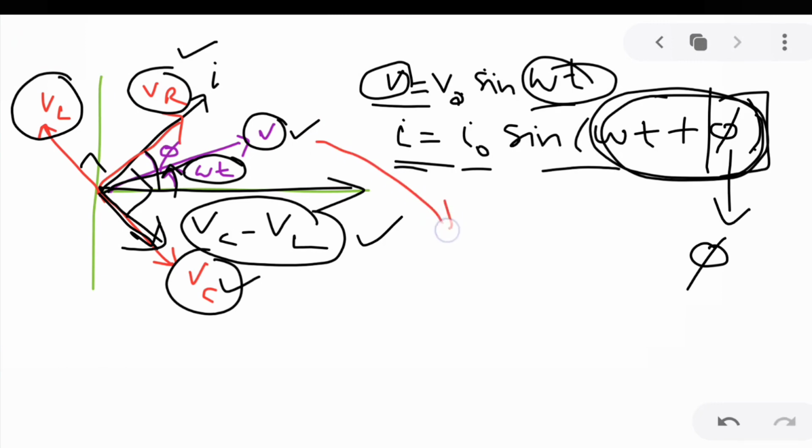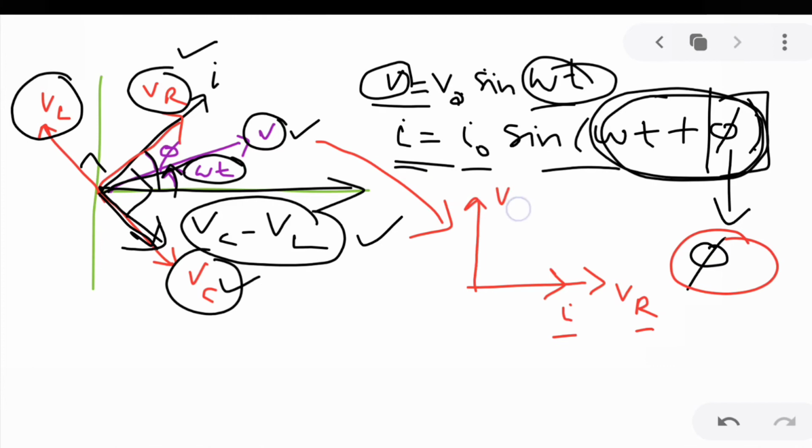Let us redraw this to determine the value of this phi. Let us mark this horizontal direction as current. This is also the direction of voltage drop across resistance. They are in the same phase, so marked in the same direction. Now this is VL, because the voltage drop across the inductor is 90 degrees ahead of current. Similarly this will be VC, since for a capacitive circuit current is ahead of voltage by 90 degrees.